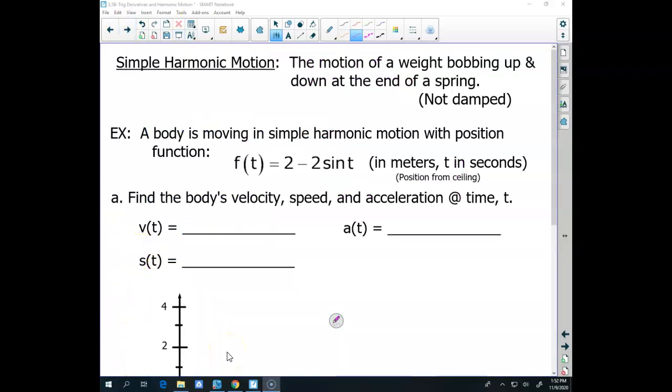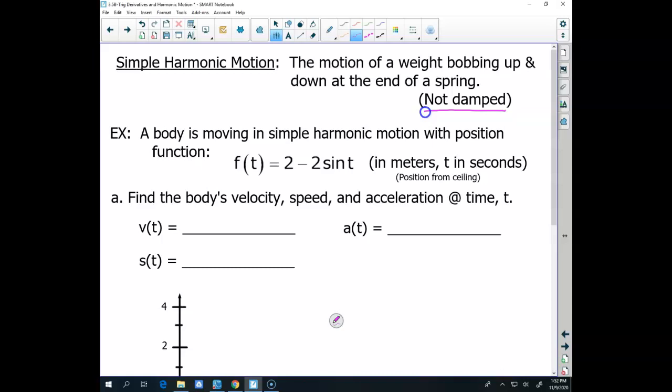Okay, simple harmonic motion, the motion of a weight bobbing up and down at the end of a spring, not dampened. What in the heck does not dampened mean? Well, what not dampened means is we are going to assume this object is going to continue in perpetual motion, meaning once we set it in motion, gravity is going to have zero effect on it, and it's just going to move forever and ever and ever.